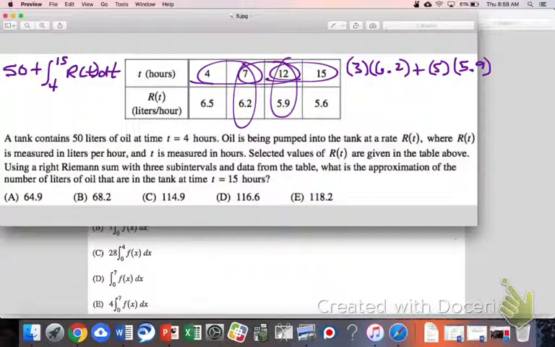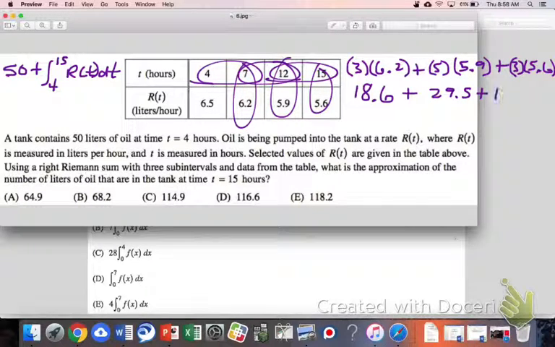And then the last one would be plus 3 times 5.6. So you got to do a little arithmetic there. So you have 18.6 plus 29.5 plus 16.8.